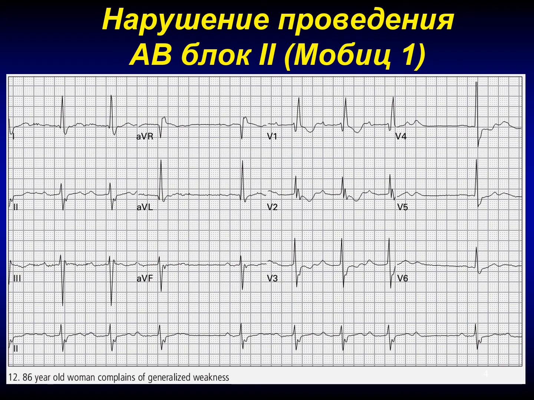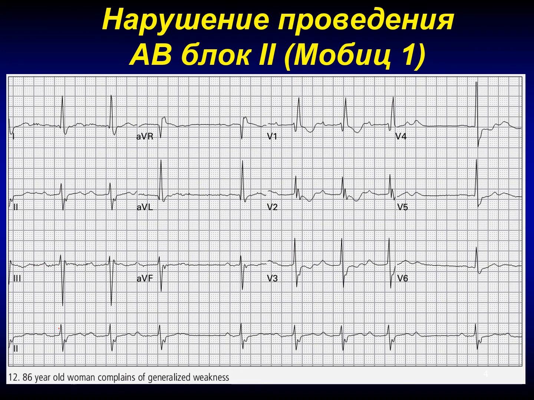AV blockage second degree is divided into 2 subgroups, Mobitz 1 and Mobitz 2. Mobitz 1 is characterized by prolongation of the PQ interval from complex to complex. This is the PQ interval, then prolonged PQ interval, prolonged PQ interval.